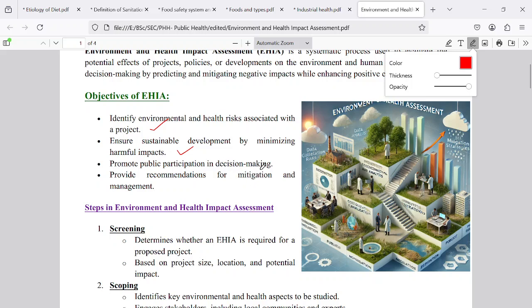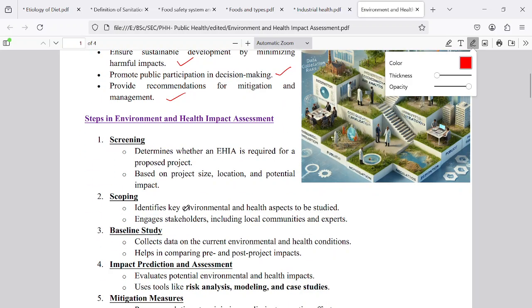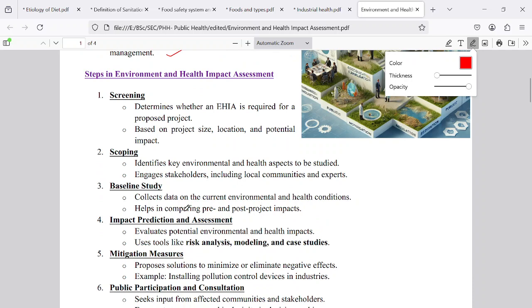Then promote public participation. This is a very important thing, whether the public is participating in that assessment or issue or not. Then provide recommendations for mitigation and management. These are the objectives of the environmental assessment.